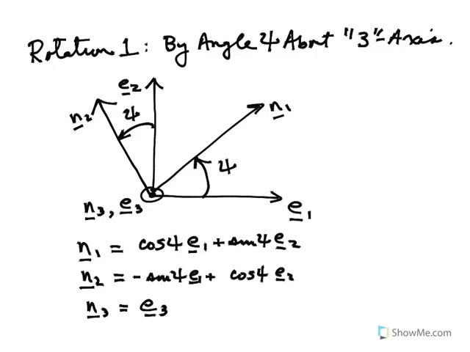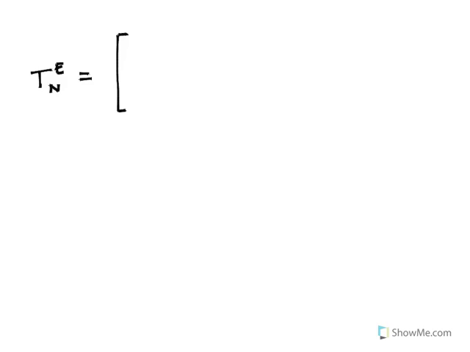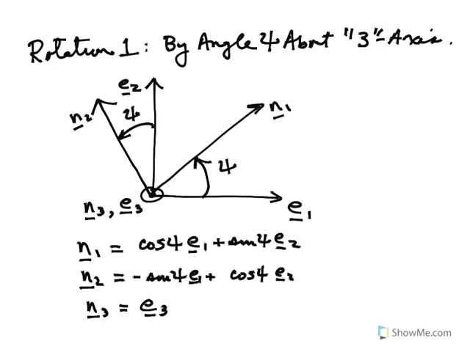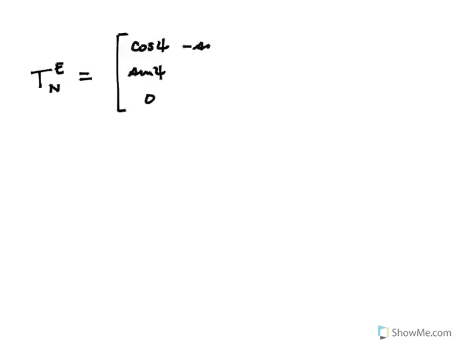I'm going to read across, and that's going to go into the first column. So I've got cosine of psi, sine of psi, 0, and then the next entries are minus the sine of psi, cosine of psi, and 0, and then 0, 0, 1.